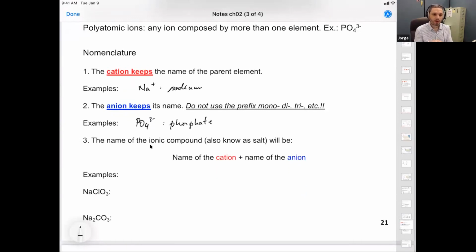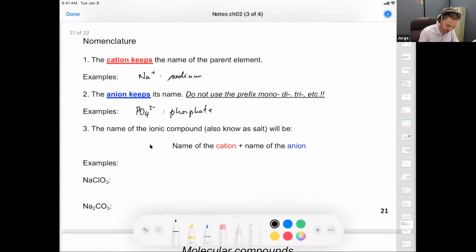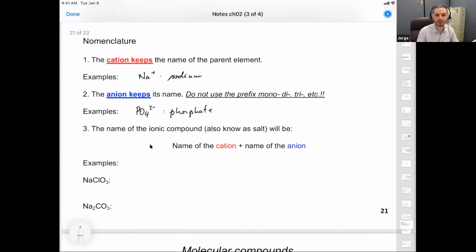For salts containing polyatomic ions, you have to be really careful with the charges to write the correct formula. So let's work here with two examples. The first one is NaClO3. First thing here, guys, is to identify the polyatomic ion, and that's usually going to be the last two elements in the formula.